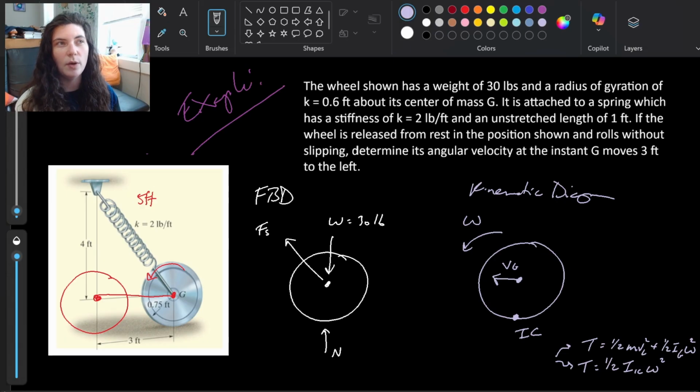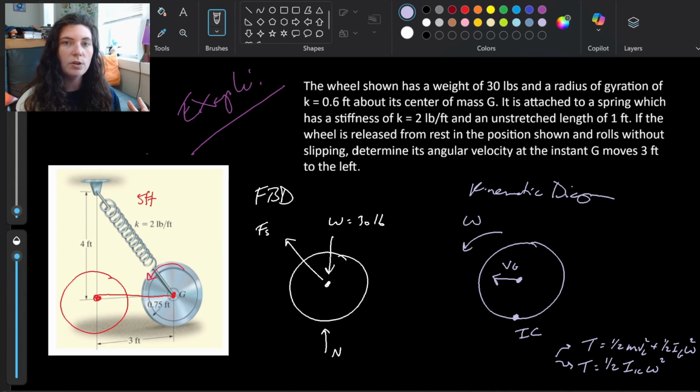If I look at what I have going on here, the only force that's doing any work at all is the spring force. Our weight isn't doing any work because there's no motion in the y direction. The normal force isn't doing any work either, since there's no displacement in the y direction.